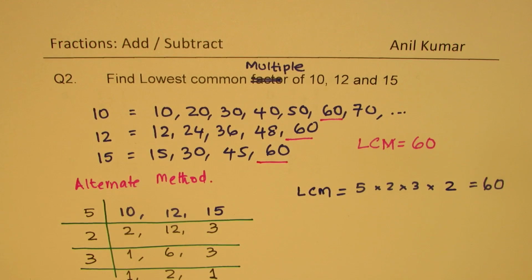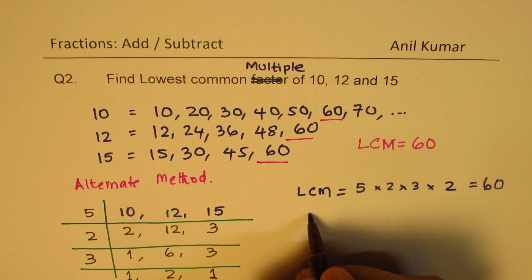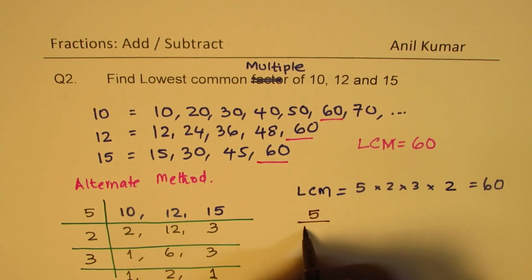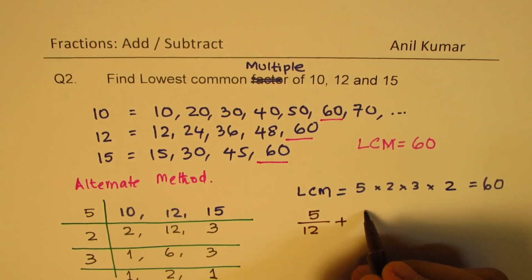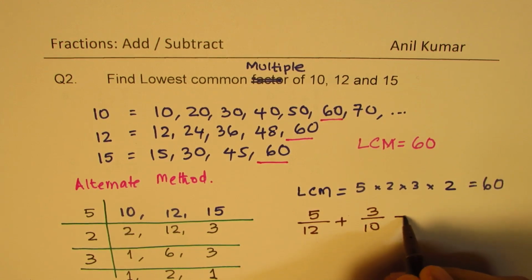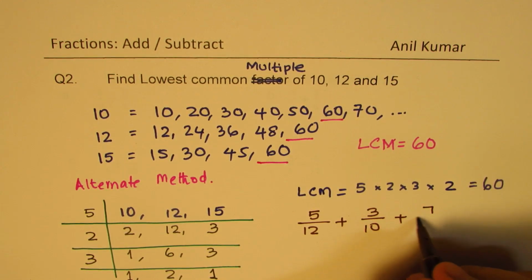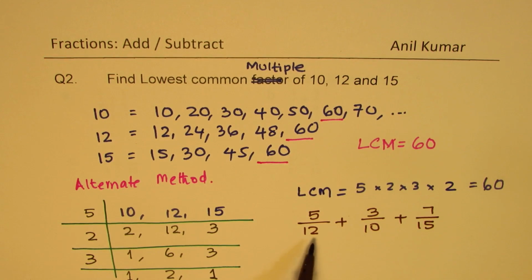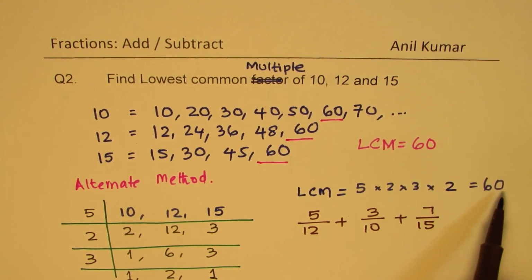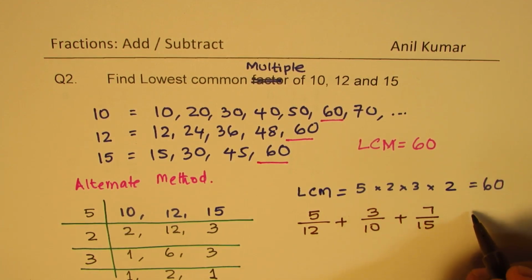Now this will always help you to add fractions which have different denominators. For example, if I tell you to add 5 over 12 plus 3 over 10 plus 7 over 15, in that case we have to write equivalent fractions with denominator of 60 and then add, right? So let this be a question for you.